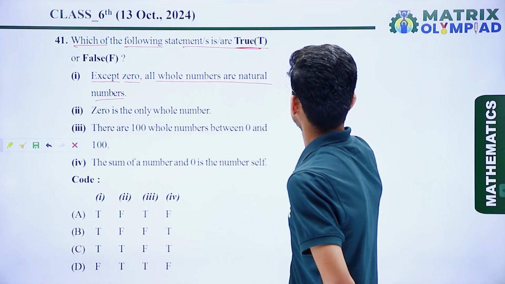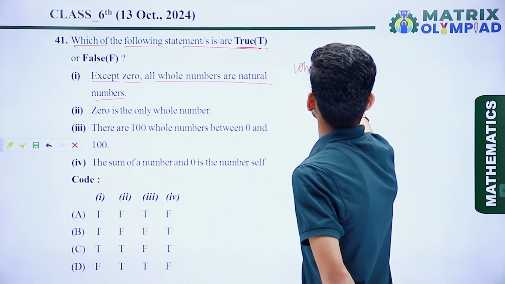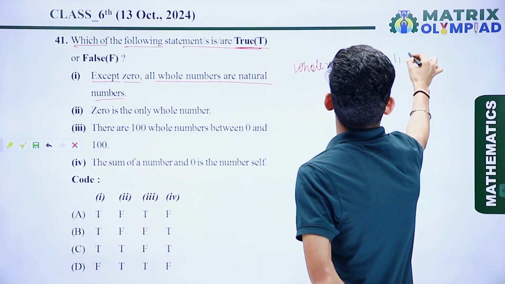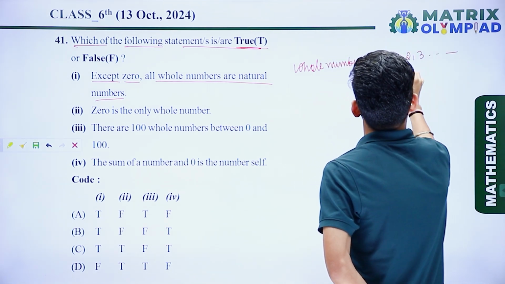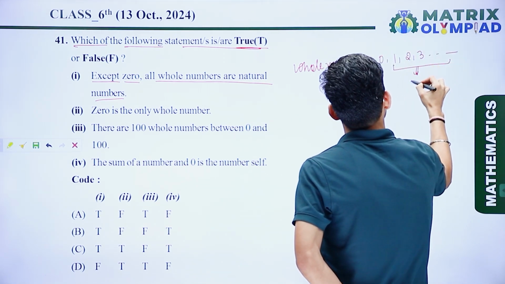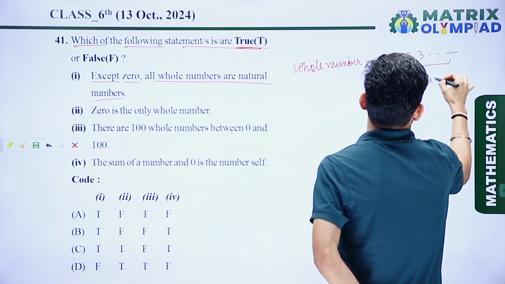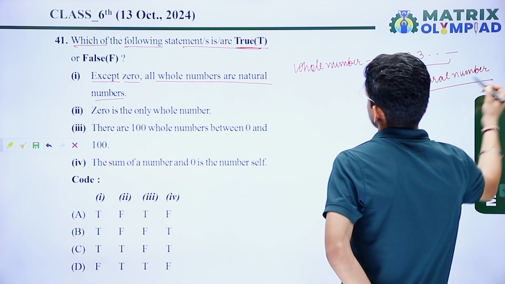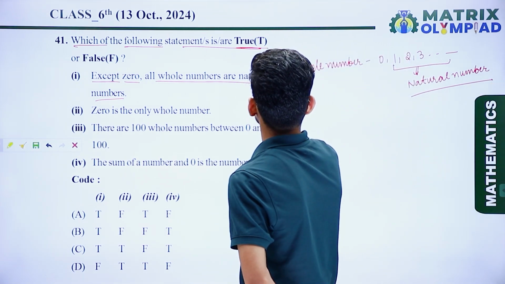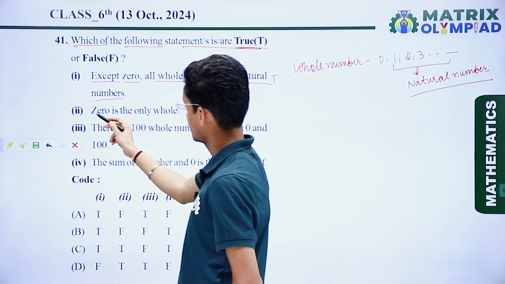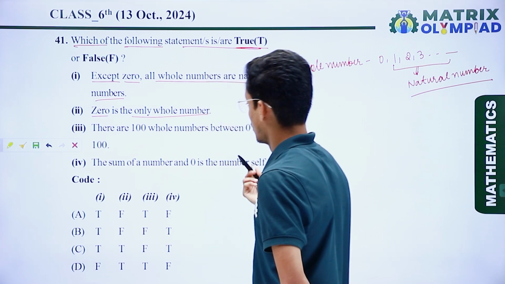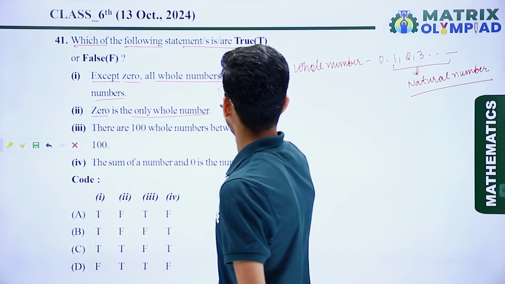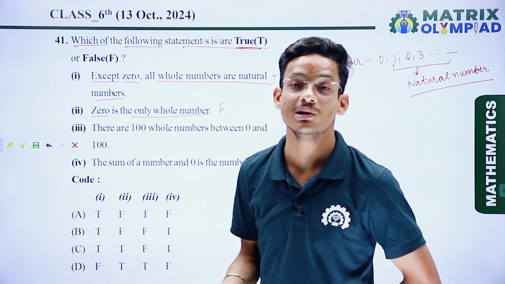So we know whole numbers are 0, 1, 2, 3 and so on, and all these numbers are also known as natural numbers. So I can say that the first statement is true. If I talk about the next one, 0 is the only whole number. So I can say that this one is false. No, 1 is also a whole number, 2 is also a whole number.